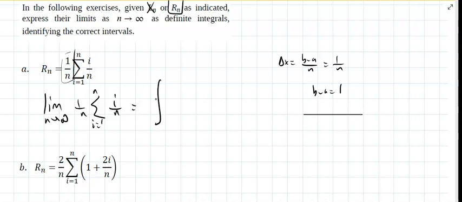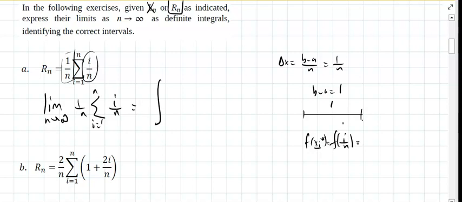Now, I just need to know where it starts. And that's where this comes in. f of x sub i star. Well, f of x sub i star is pretty much i over n. And that should resemble the inside of it. So that's f of i.